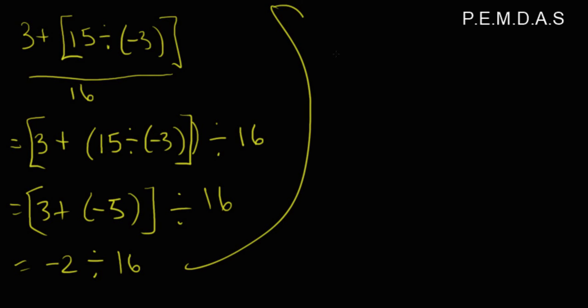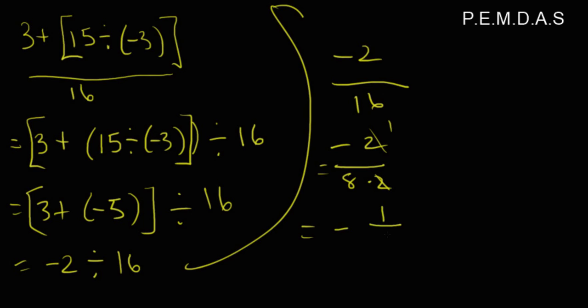So that's negative 2 over 16. 16 is an even number, so I know it's divisible by 2. So I know it's 8 times 2. So I cancel those 2s. I have 1. I've got to bring the negative sign out front, over 8. So the answer is negative 1/8. Let's look at another example.